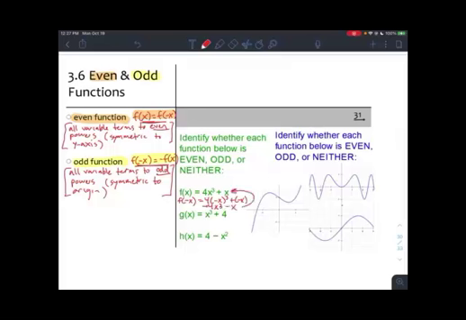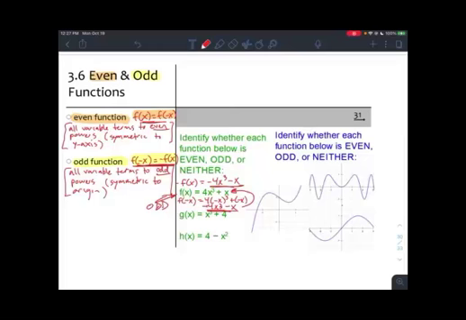That is not the same as the original, so this example is not an even function. We can test for an odd function by comparing minus f of x. If we take a minus f of x here, we're changing the sign of each term. And when we compare that to our f of minus x, these are exactly the same thing. That means that this would be an example of an odd function.